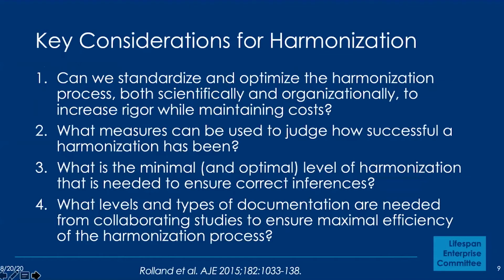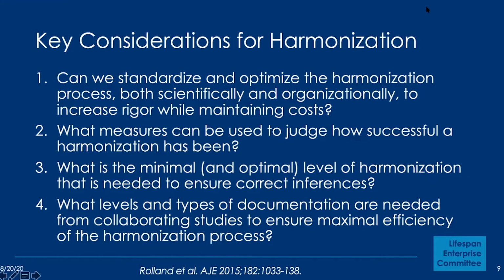So when you're thinking about harmonizing data, we have a couple key considerations that we have to take into account. The first question is, can we standardize and optimize the harmonization process, both scientifically but also organizationally? And we want to maintain rigor while maintaining the costs that we actually have available to us. What measures can we use to determine how successful our harmonization has been? Obviously we can't just throw everything together and hope that it was measured in the same way.